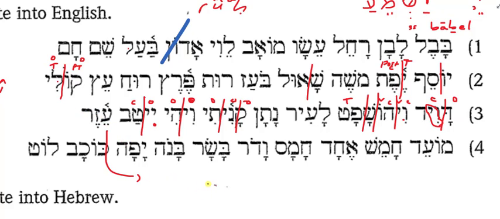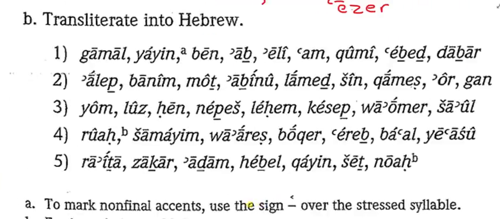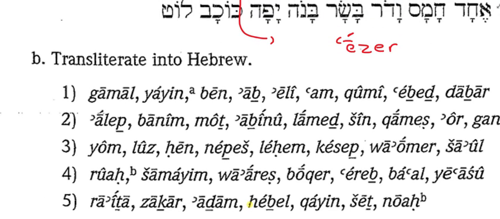So that would be ayin. Sere is an E with the line over it. Z, E with no line for the short E, and then the R. And the accent mark is on the first syllable, not the last. So we're going to put that accent right there. Okay, good. Does anybody have any questions about the English transliterations over here?